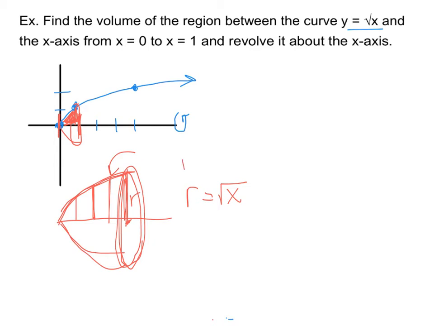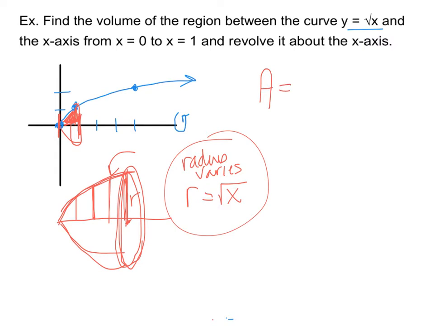The radius varies, and so I need to use the radius as this. So I know that the area is going to be found by taking pi times the radius squared times the number of disks, right? And the number of disks will be infinitely small.